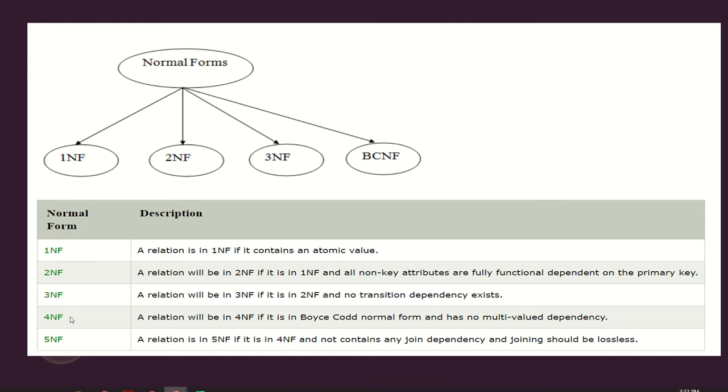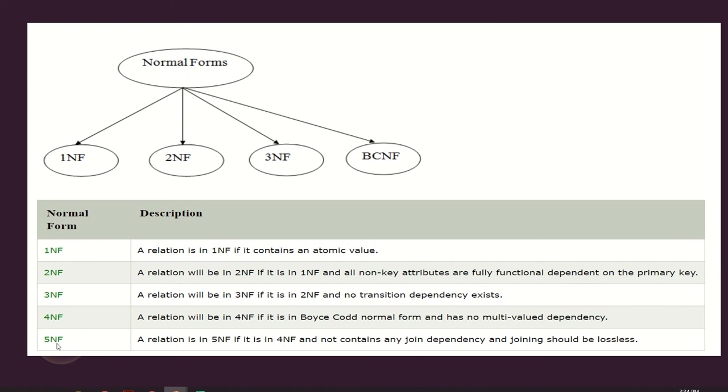Next one is 4NF. A table is said to be in 4NF if it is in Boyce-Codd normal form. In between 3NF and 4NF there is another normal form called BCNF, Boyce-Codd normal form, which is also called 3.5NF. If a table wants to be in 4NF, it should be in BCNF and there should be no multi-valued dependency.